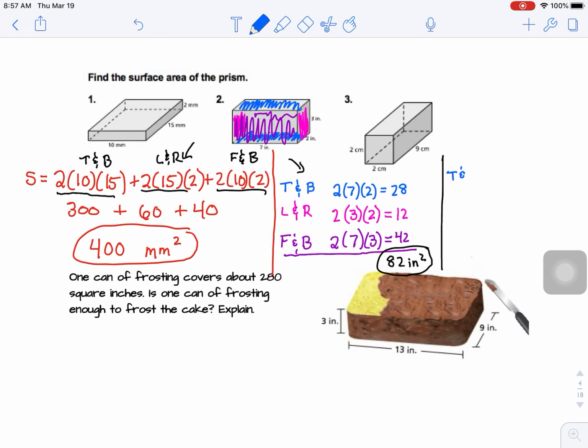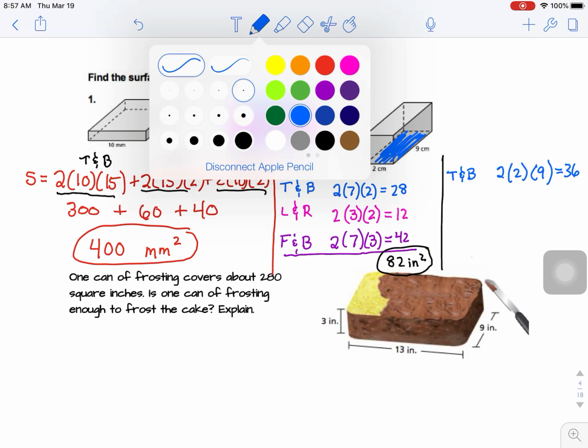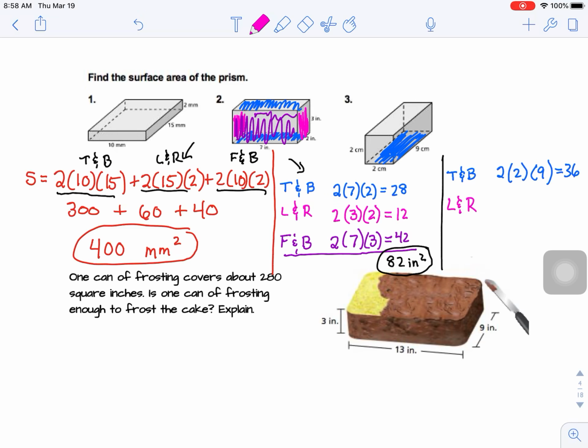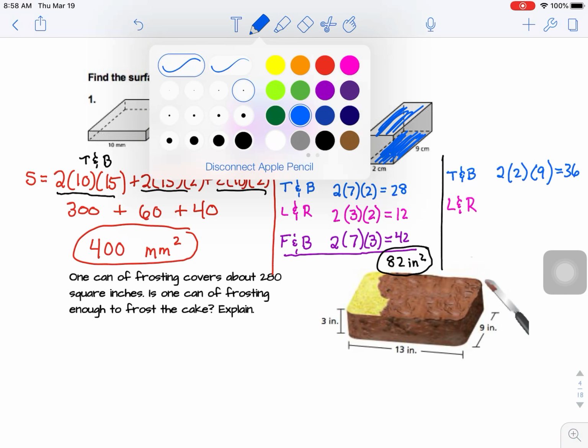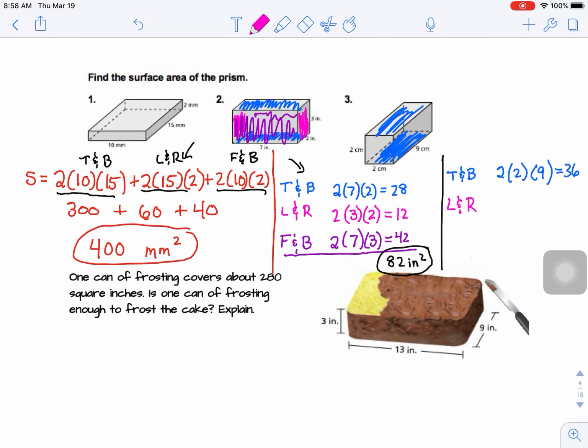Let's do that again. If I look at top and bottom, there's two of them. That is these pieces down here, which is 2 by 9. So 2 times 2 times 9, which gives me 36. If we do left and right, those are our pieces over here.